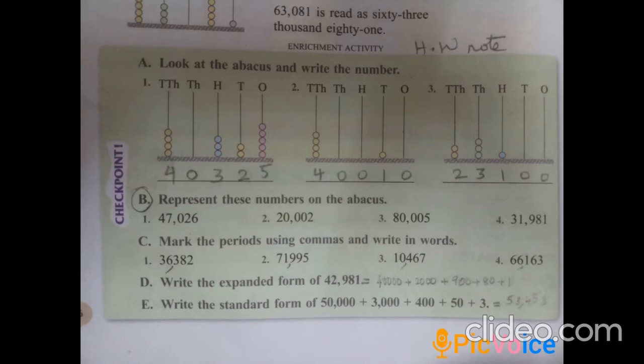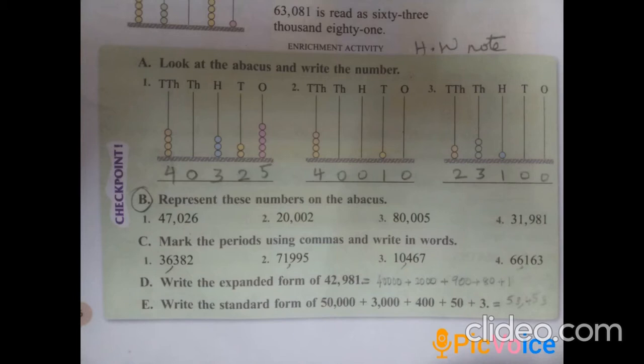Coming to the C question. Mark the periods using comma and write in words. First write the question, 36,382. Put the comma, so 36,382. So we mark the period.